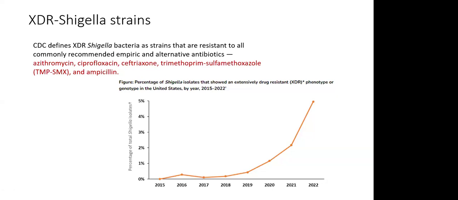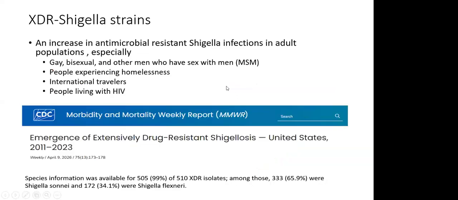The main reason may be that gay or bisexual or other men who have sex with men, MSM, are a group with a higher chance of increase in antimicrobial resistance. Also, people experiencing homelessness, international travelers, and people living with HIV.